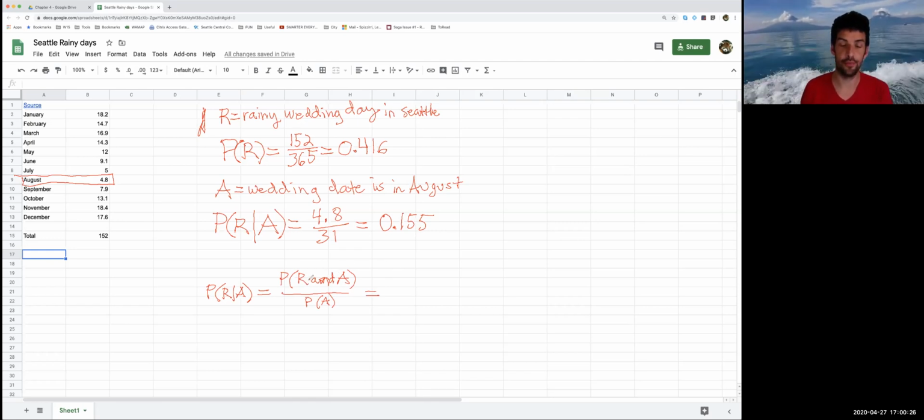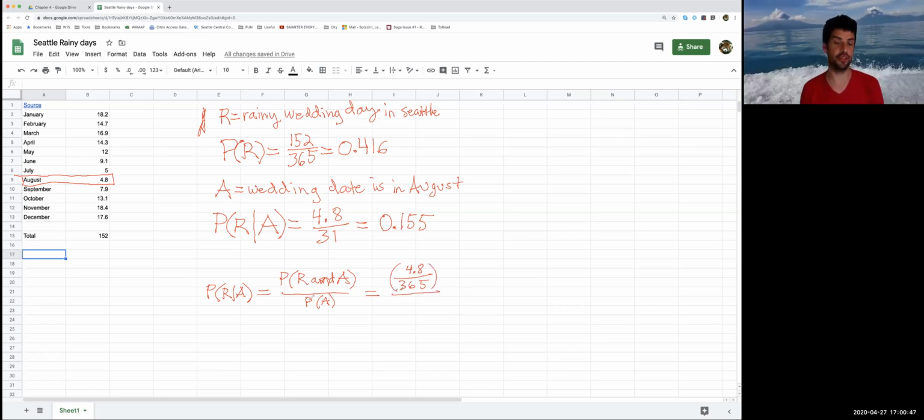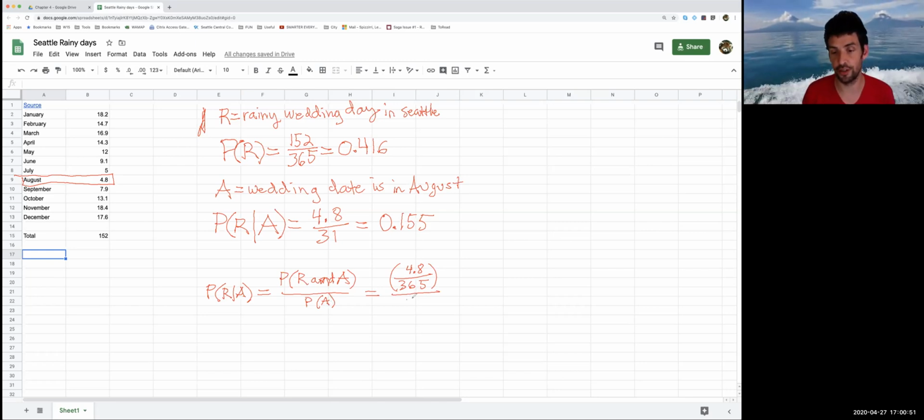This is the probability that a random day is both rainy and in August, right? Well, we look up here and we see on average there are 4.8 rainy days in August out of the 365 days of the year. And then the bottom is supposed to be the probability that a random day, if we picked a random day on the calendar, is in August. Well, it's 31 out of 365 days. There's 31 August dates out of 365.